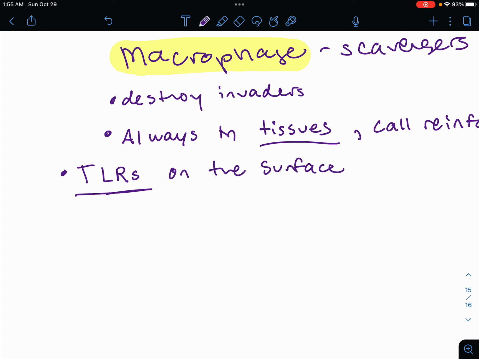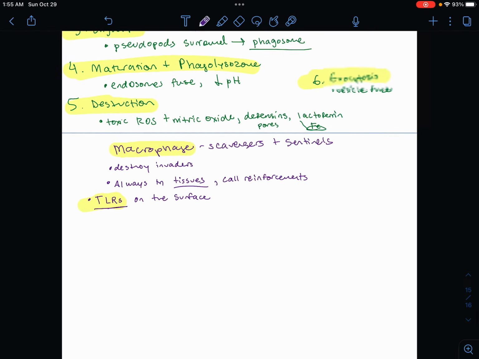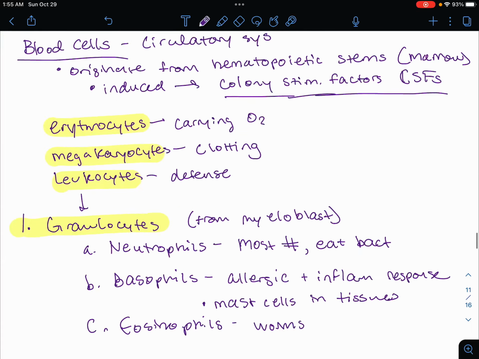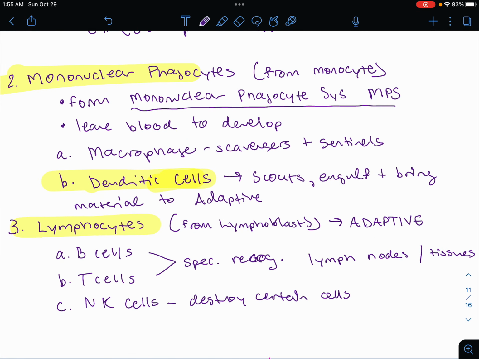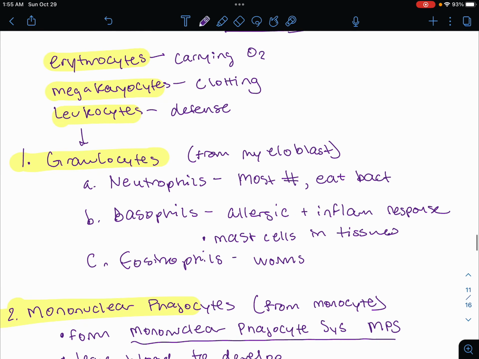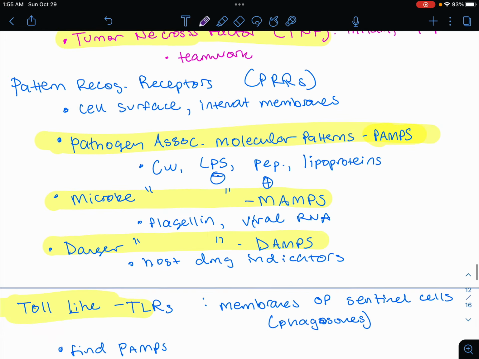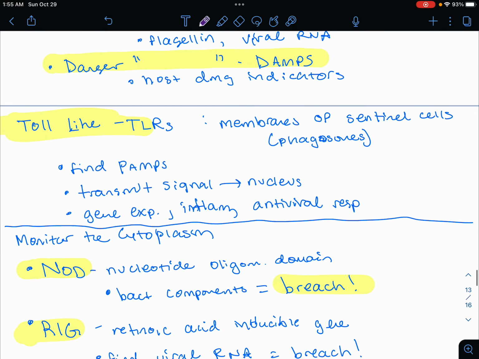Again, I'm going to highlight that because we did revisit toll-like receptors. Those are going to be on the outside. They're not in the cytoplasm of the cell itself. They're just going to be on the outside. Let's go and find them. They're pattern recognition receptors. Yes, there they are.